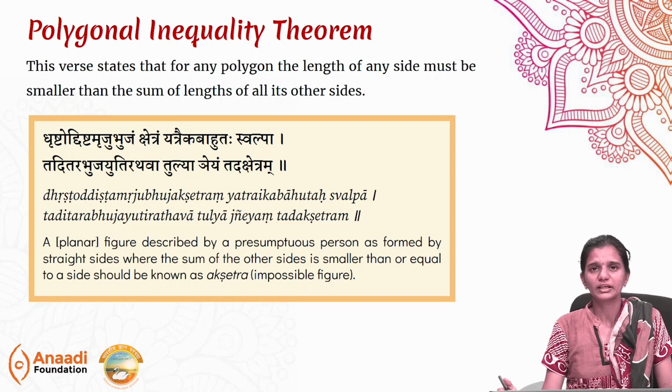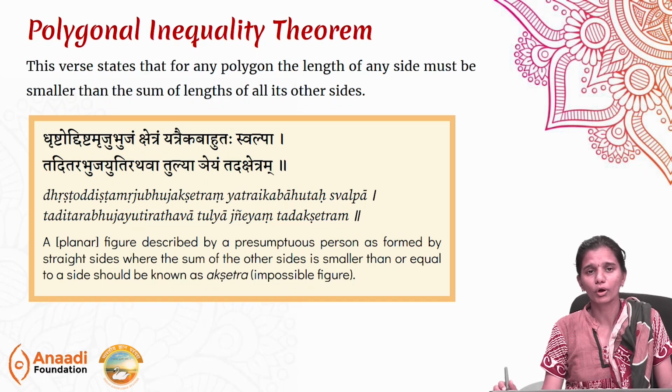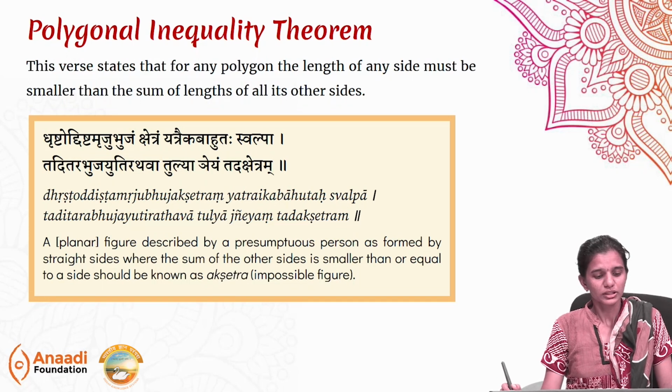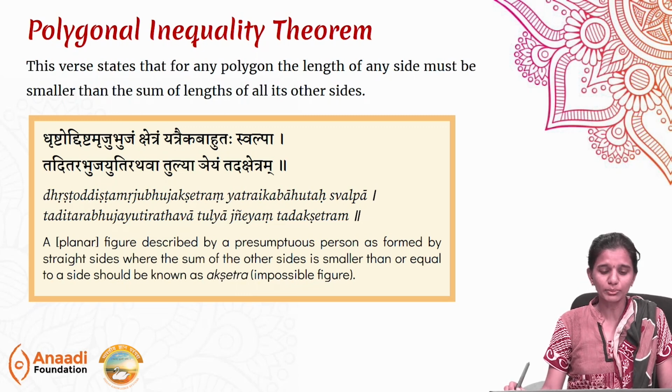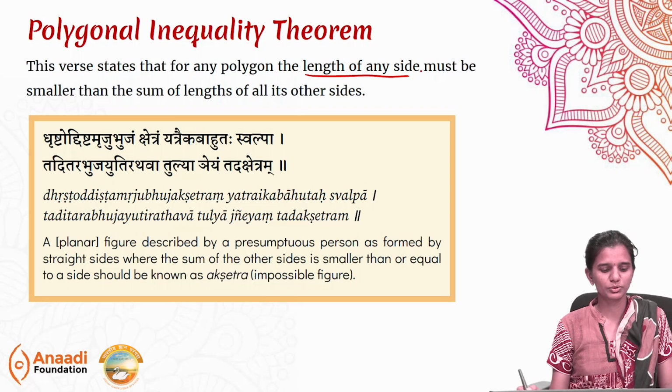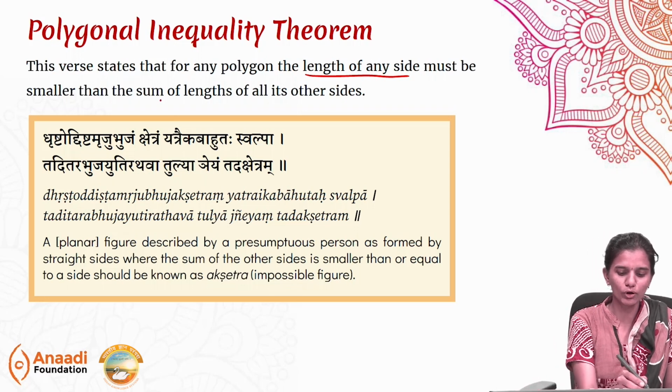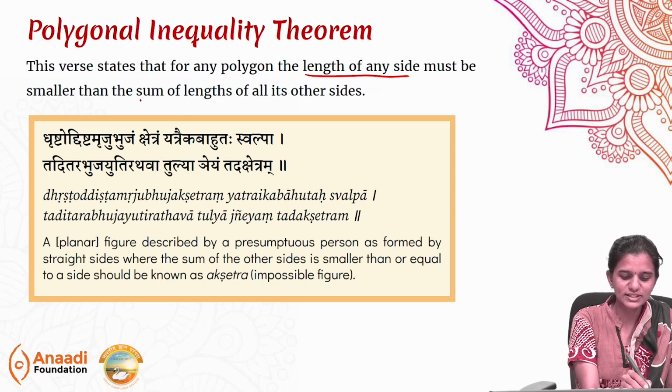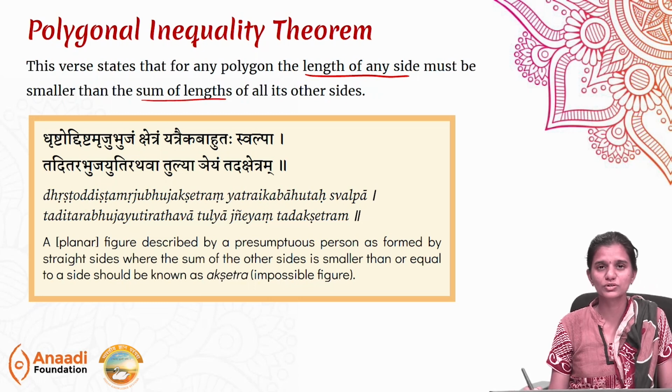We know well that shapes such as triangle, quadrilateral, pentagon, hexagon are all polygons. This verse from Leelavati states, for any polygon, the length of any side must be smaller than the sum of the lengths of all its other sides. The verse goes like this.